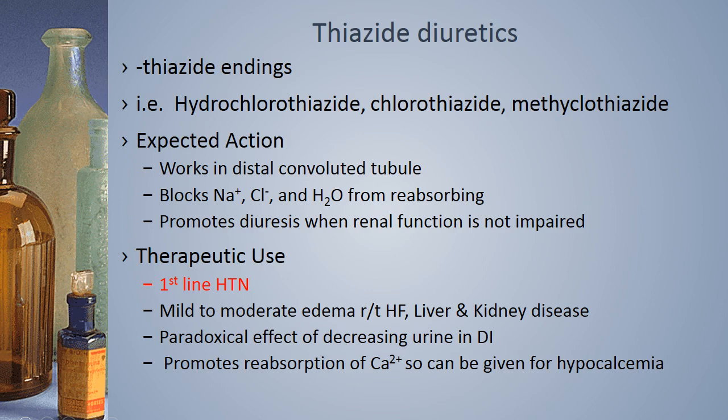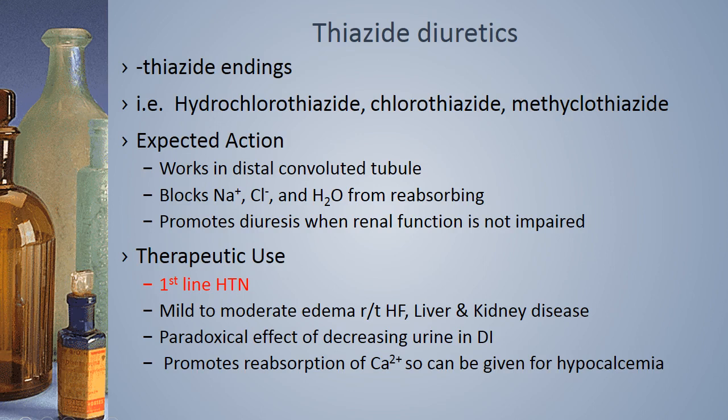These are going to be your first-line hypertension medicines. Remember when I discussed fluid and electrolytes, I talked about how if somebody has fluid volume excess, if it's mild to moderate, they're going to be put on a thiazide diuretic, and if it's severe, it's going to be a loop diuretic. Same concept. First-line hypertension here with the thiazides.